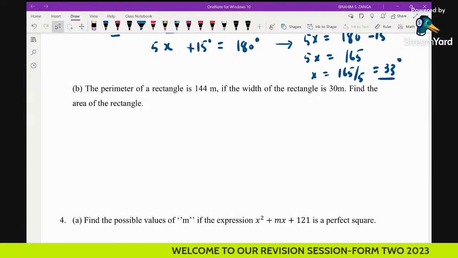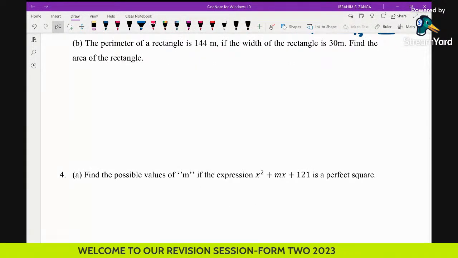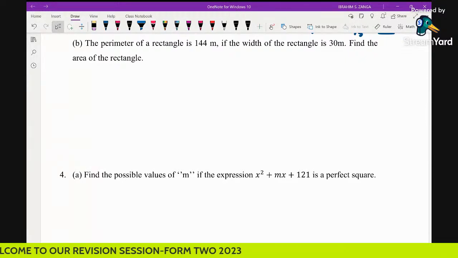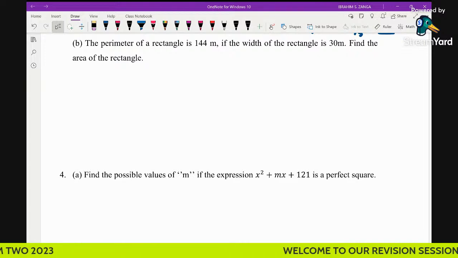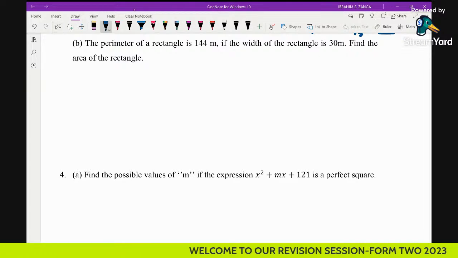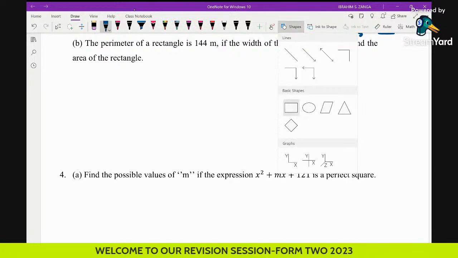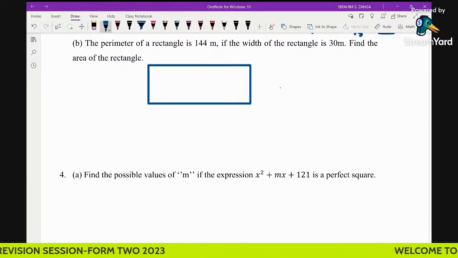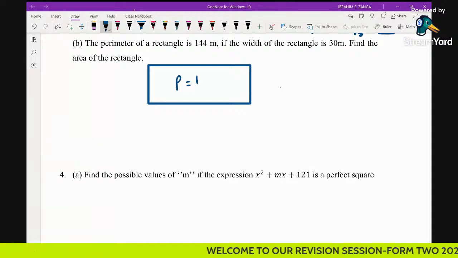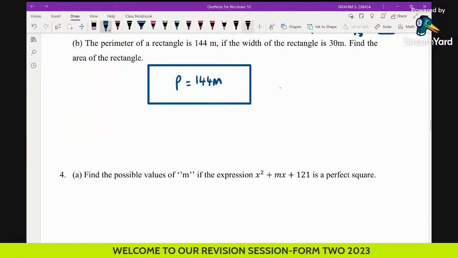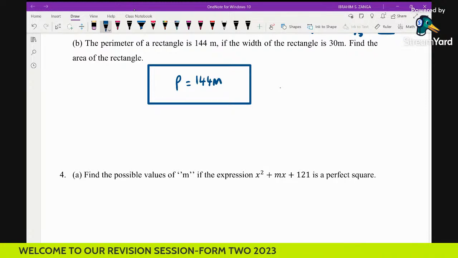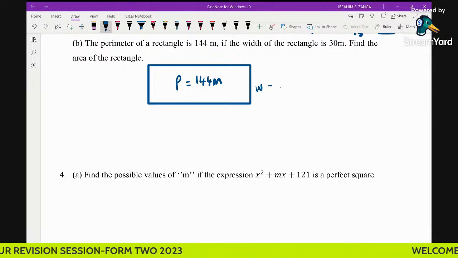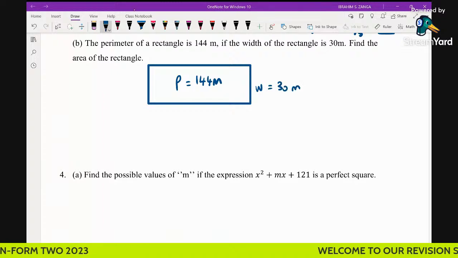Going to 3b: the perimeter of a rectangle is 144 meters. If the width of the rectangle is 30 meters, find the area of the rectangle. So we have a rectangle, and we are given that the perimeter is 144 meters and the width is 30 meters.